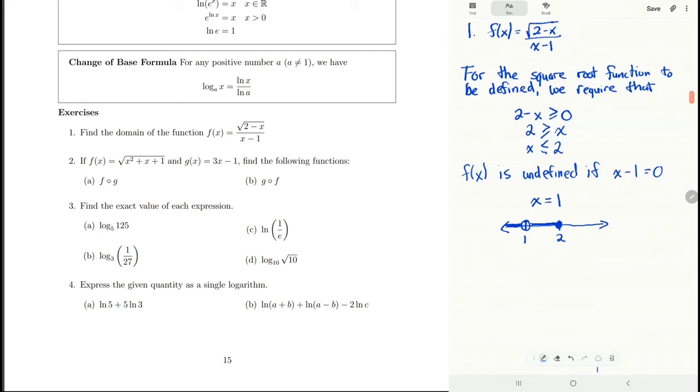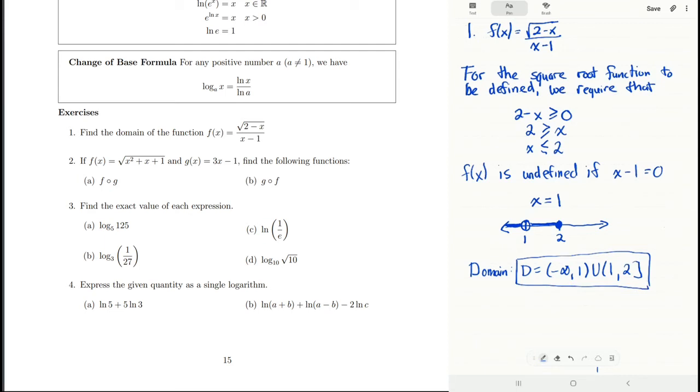And so this tells us that the domain of the function is going to be from negative infinity to positive 1 with open brackets, union, we have an open bracket at 1 to 2, but we can include the value of 2, so we have a square bracket.